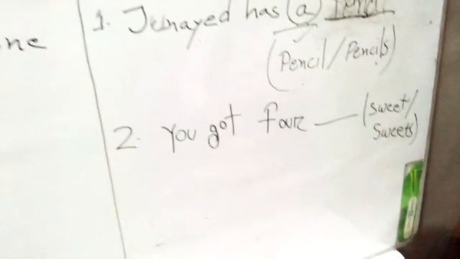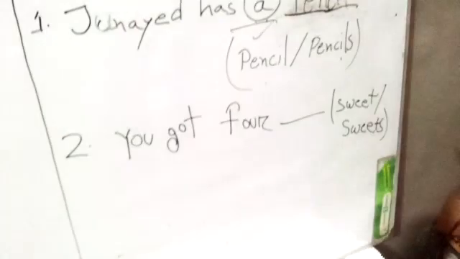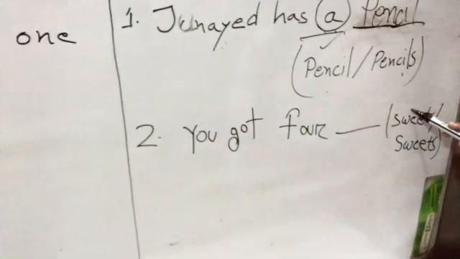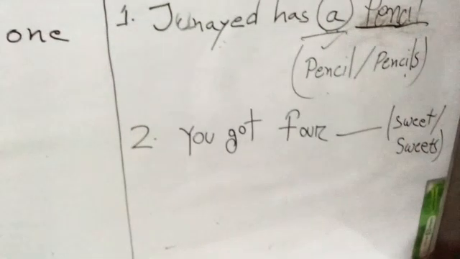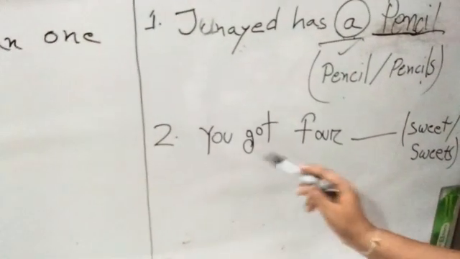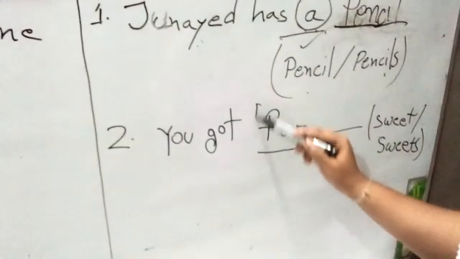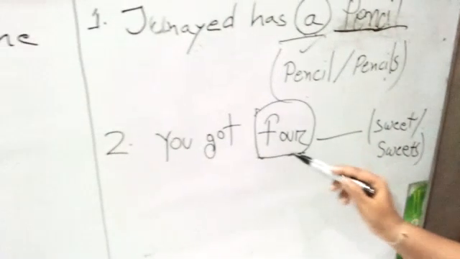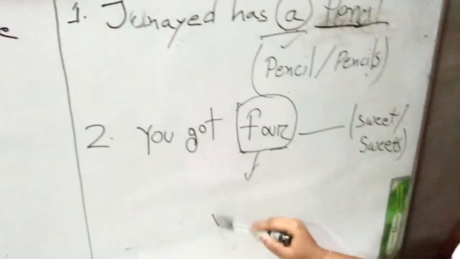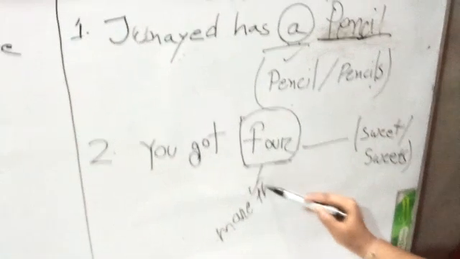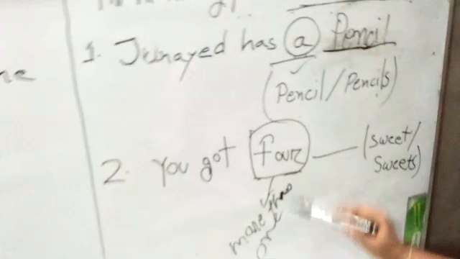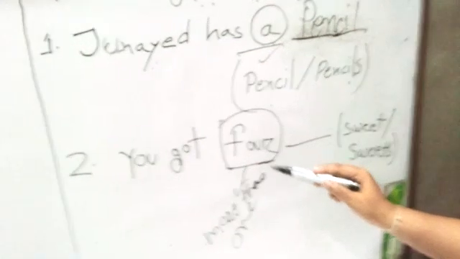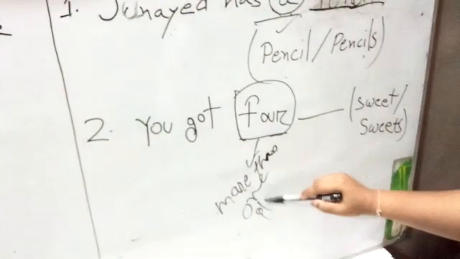You got 4 dash. In the bracket, I have given two options. One is sweet and another one is sweets. What do you think is the right one to be put here? You got 4. See, what's the number here? 4. Is it only 1 or more than 1? Of course, it is more than 1. If it is more than 1, what would you say? It will be singular noun or plural noun? Of course, it will be plural.